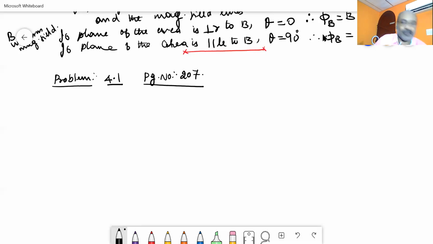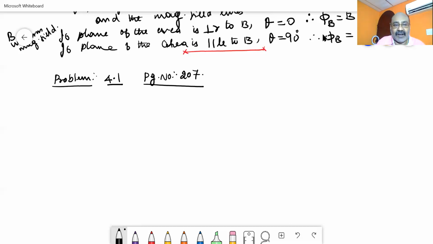What is this problem? Problem number 4.1. If you have a book, take your book and go through the problem. A circular antenna of area 3 meters square is installed at a place in Madurai.